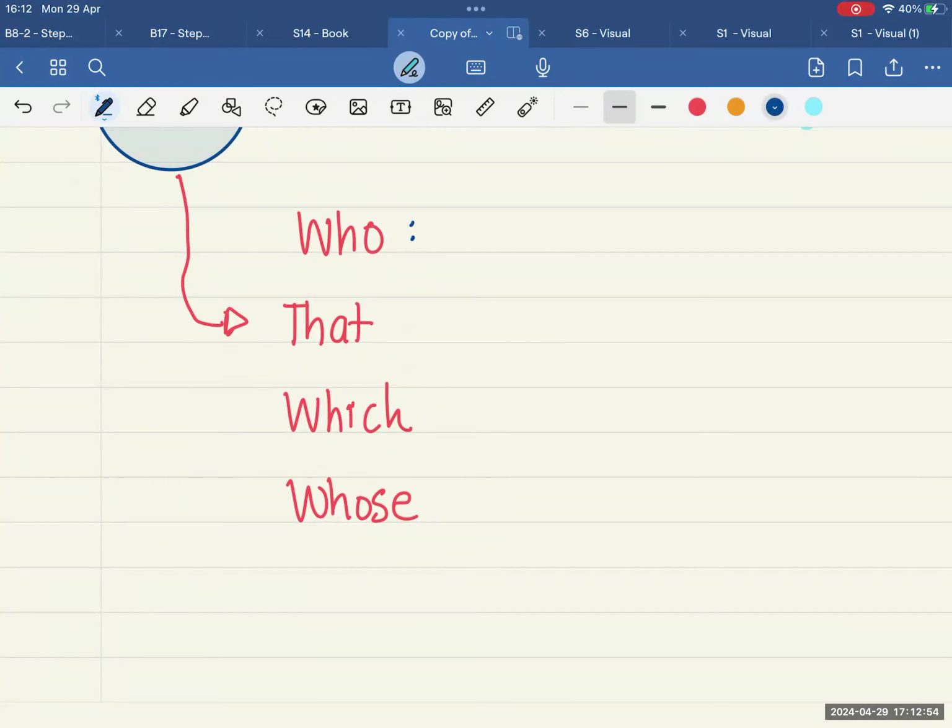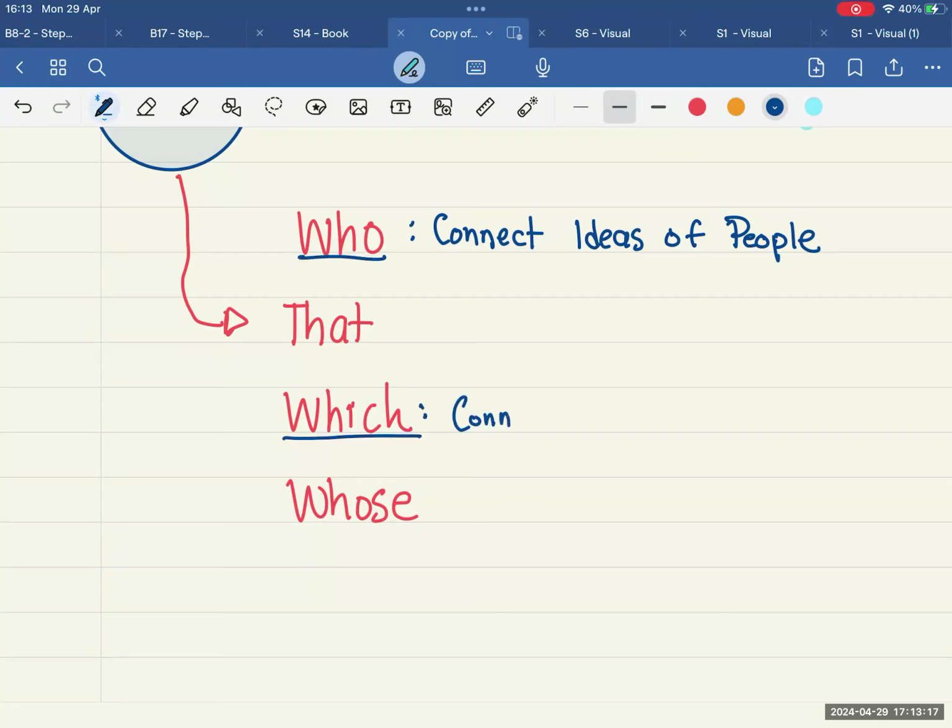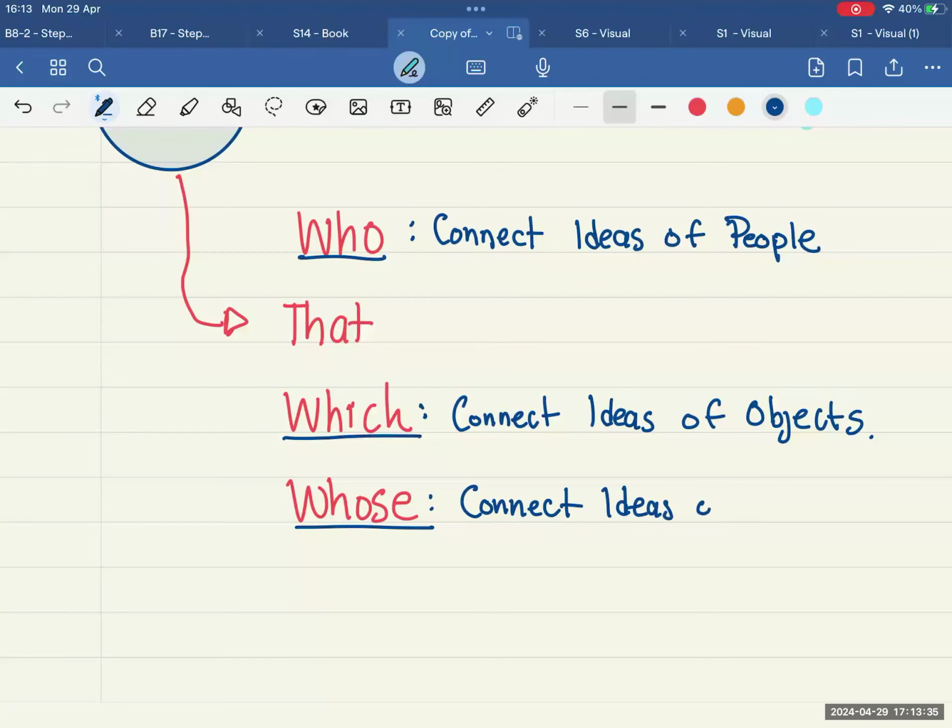Connector number one, who, is going to connect, obviously, ideas of people, right? Which is going to connect ideas of objects, right? Whose is going to connect ideas of possession.